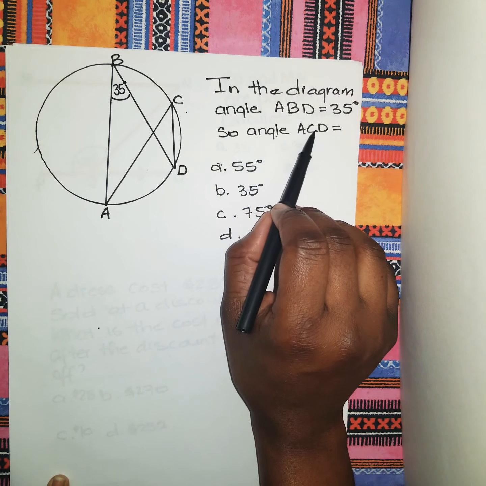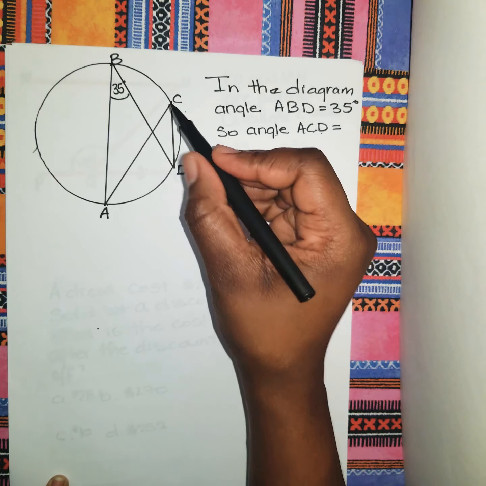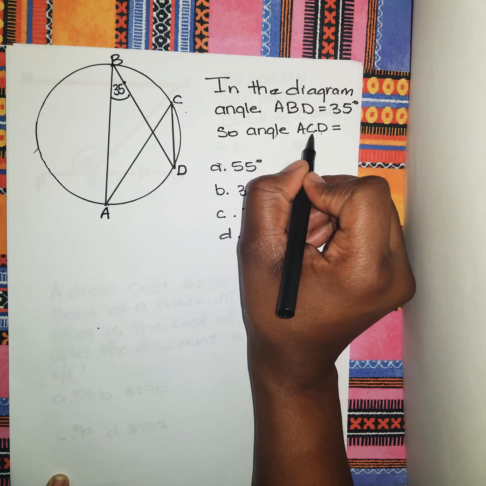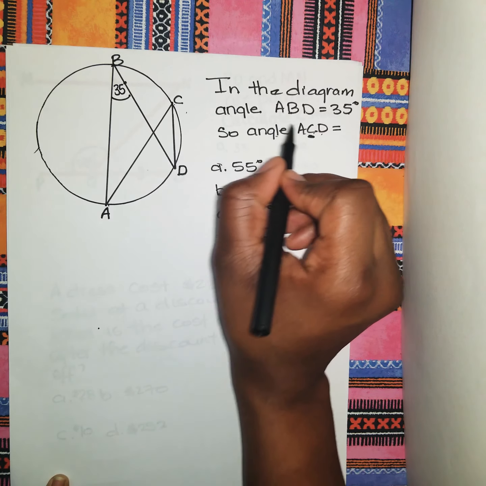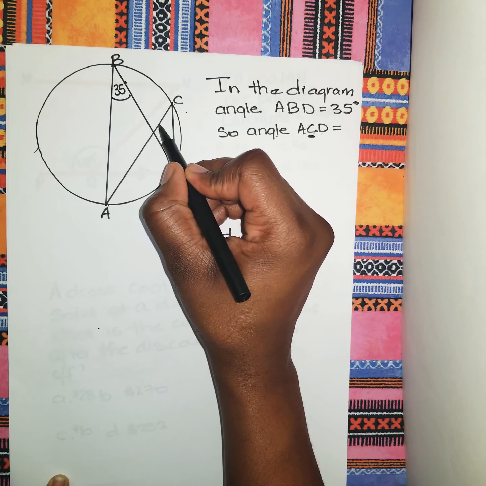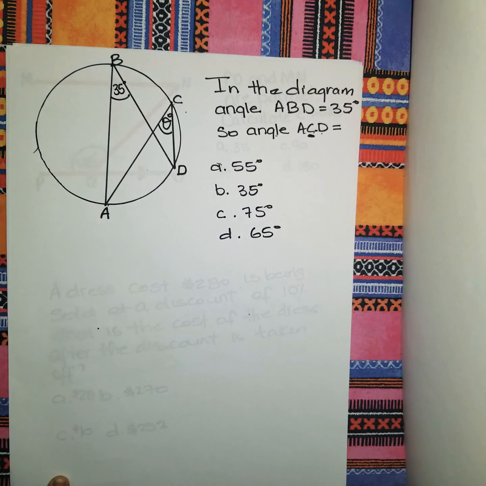So angle ACD equals? Remember, the angle they want us to identify is always in the middle. So C right here is what they're talking about. What is this angle here? Let's call that theta for now.